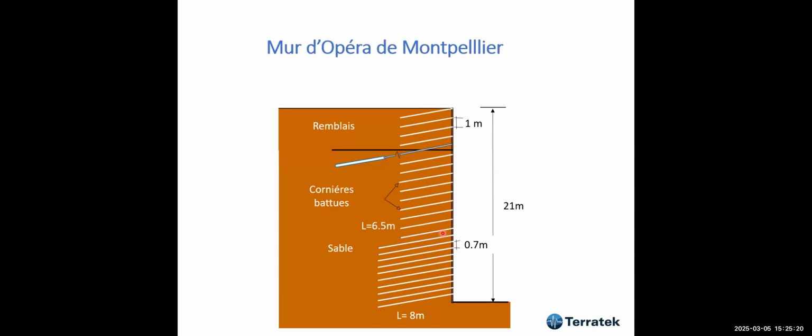And in order to control settlement, in order to control lateral movement, they used a mixed design with ground anchor here, pre-stressed ground anchor, and they use here what in French is cornière battue, in which they are driven steel sections, L sections, and they had 8 meters length here, 6.5 meters here, and the total height was 21 meters.